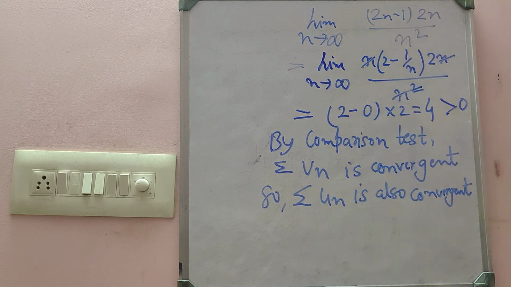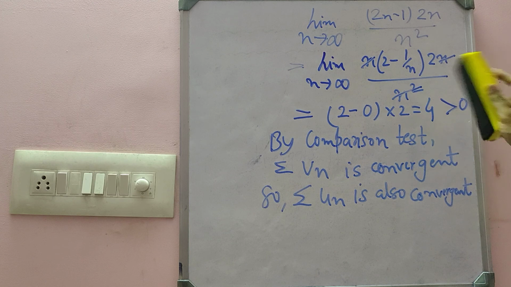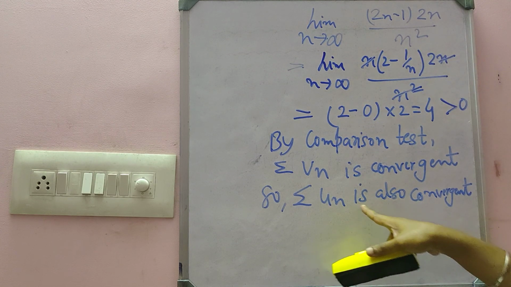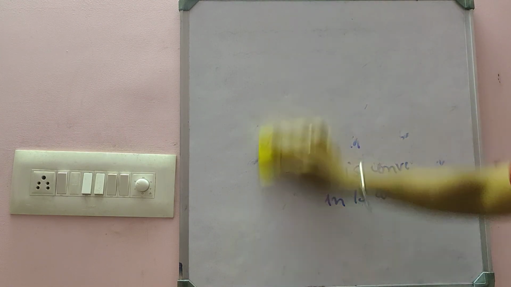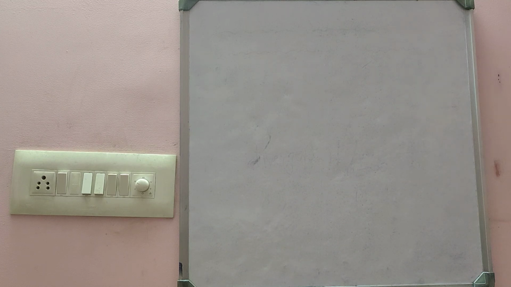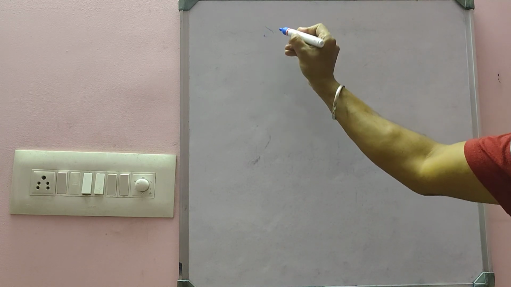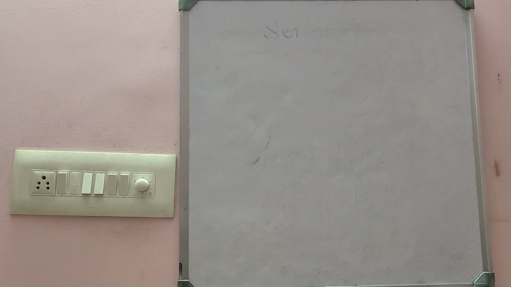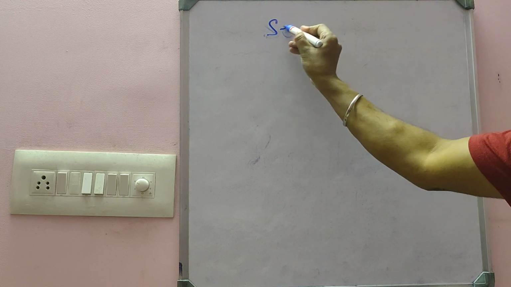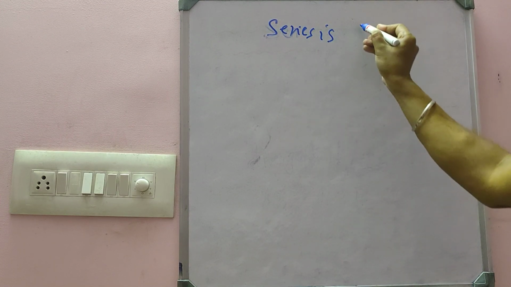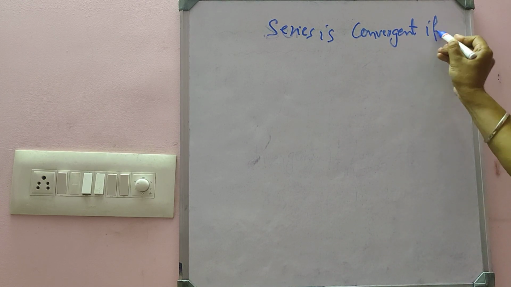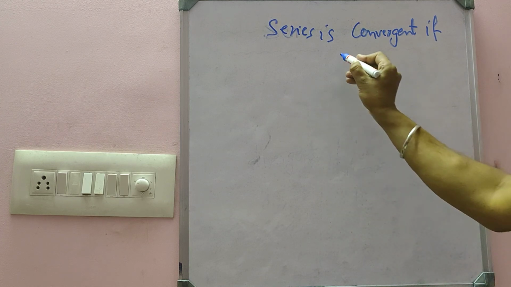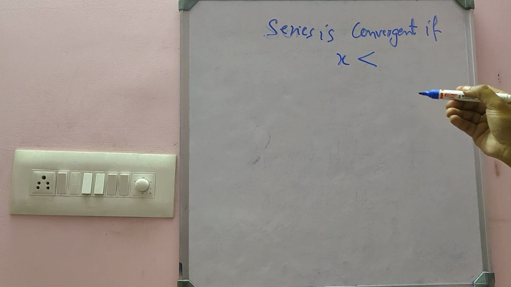So now the final conclusion we have to give. We are seeing if x equal to 1, our series becomes convergent. So final conclusion: series is convergent if x less than 1, which is our sufficient condition.